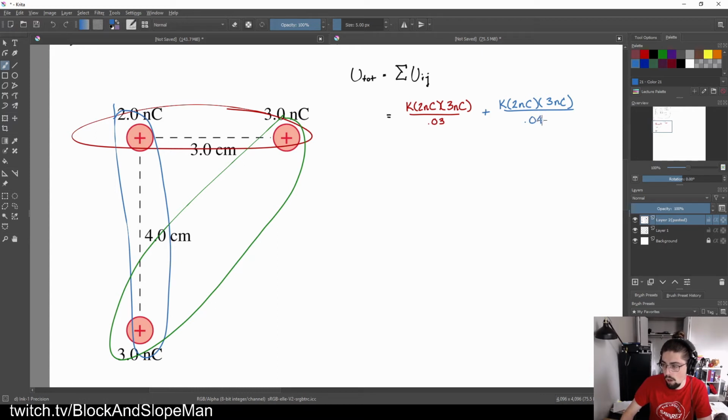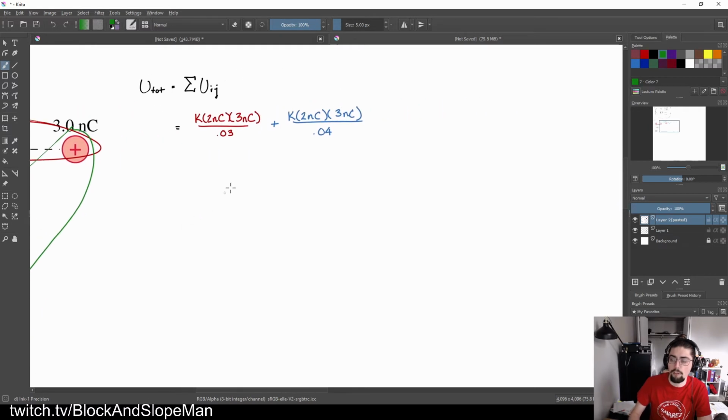My green pair, this is a 3, 4, 5 triangle, right? Which the Pythagorean theorem will get you there just in the exact same way. But if you see that, you can jump on it. So 3 and 3 this time around over 0.05.